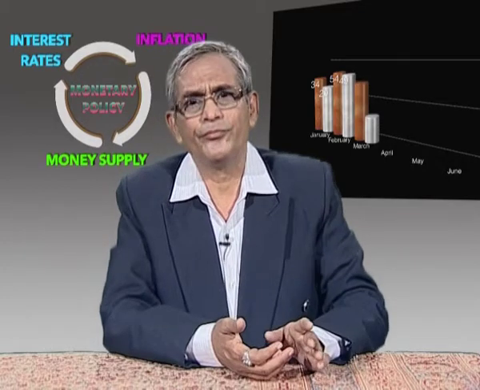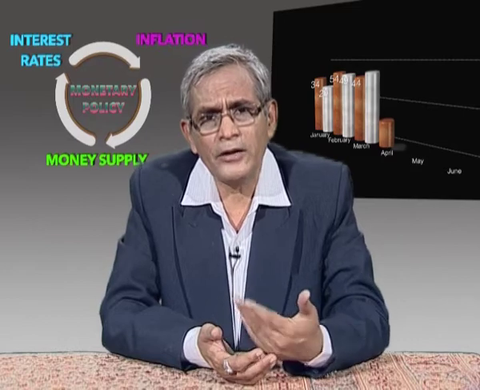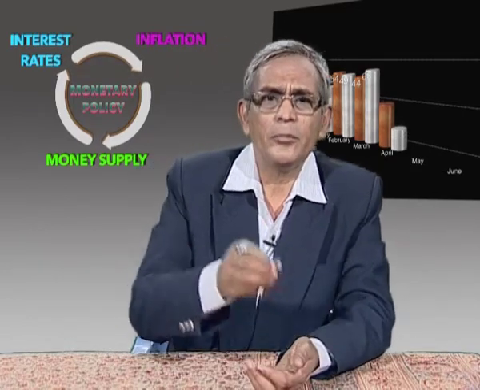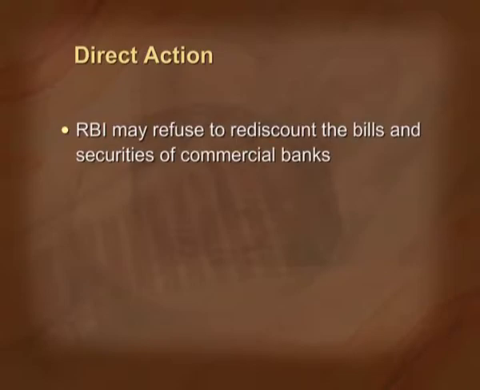Direct action. If certain commercial banks are not adhering to the RBI directives, the RBI can impose action against those banks. Some of the direct actions imposed by the RBI are enumerated here. One, the RBI may refuse to rediscount the bills and securities of certain commercial banks.